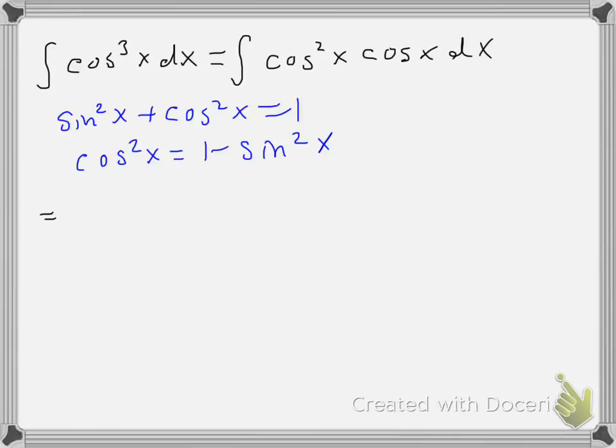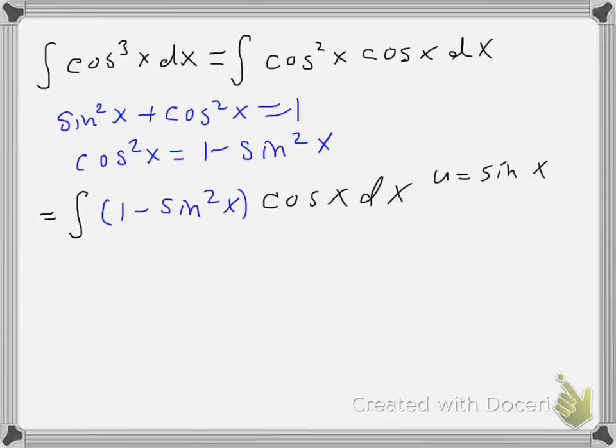So what we can do is we can say this is the integral of 1 minus sine squared of x times cosine of x dx. Now what we can do is we can use a little bit of u substitution. So if I say u is equal to the sine of x, well then du is simply going to be equal to the cosine of x dx.